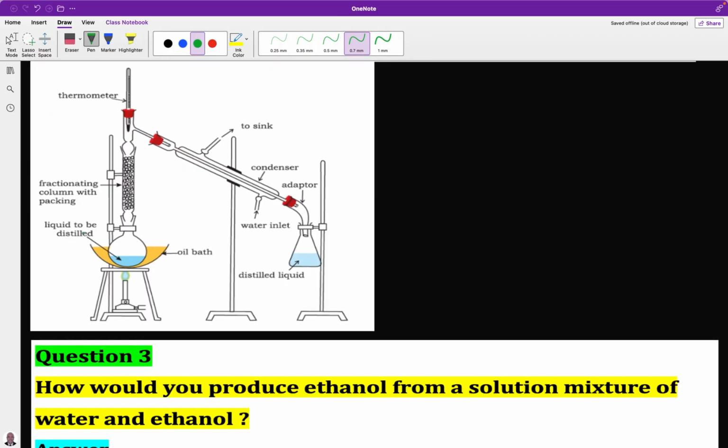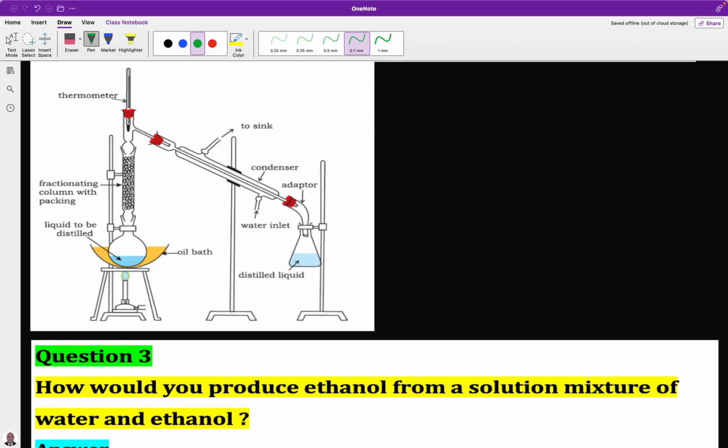We have a liquid to be distilled. This is a solution mixture of miscible liquids with different boiling points. Now, when they are being heated, what happens? They rise up. If we are going to separate the liquid with the lowest boiling point, we heat and look at the thermometer.